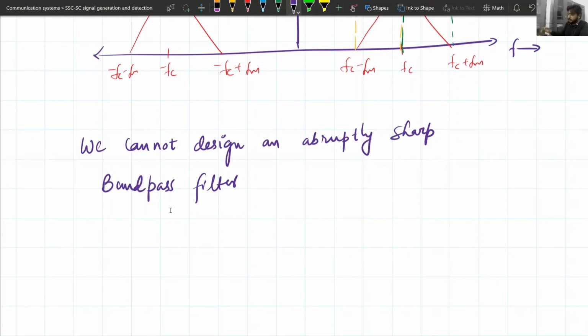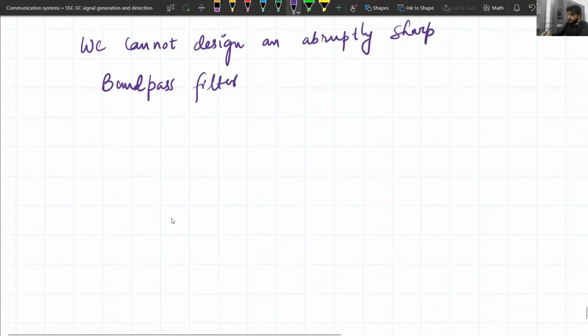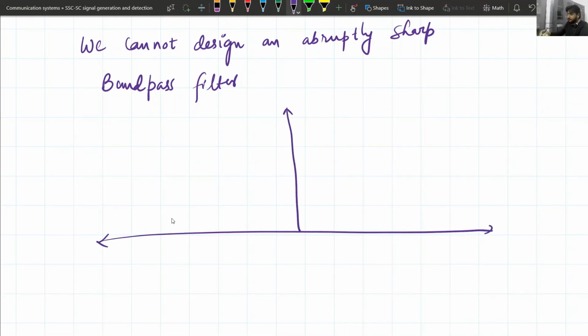Let me draw it again. Let's say we are interested in transferring the upper sideband, for the upper sideband suppressed carrier.